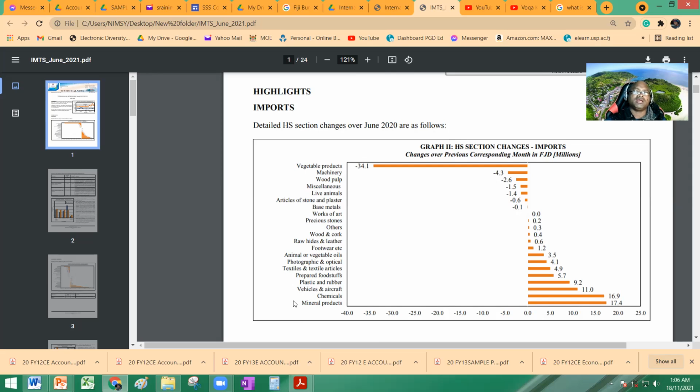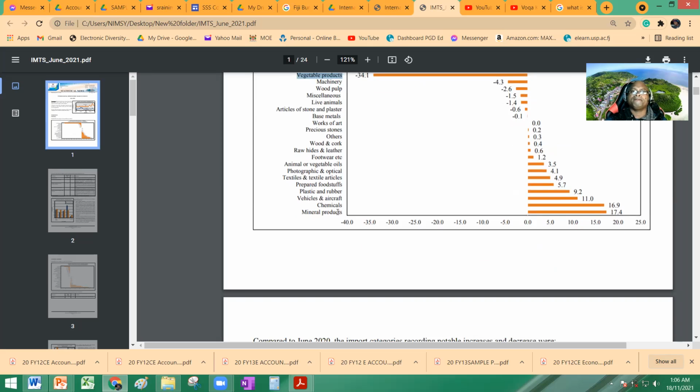Some of these are given in the name of the concept that covers a lot of products. Vegetable products reduced by 3.4. Do we import vegetables? Yes, for hotels. It is down by 3. So all the minus, that is decreased, and all the plus, that is increasing.